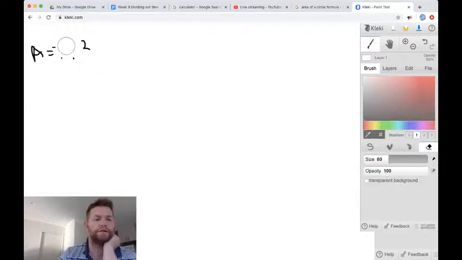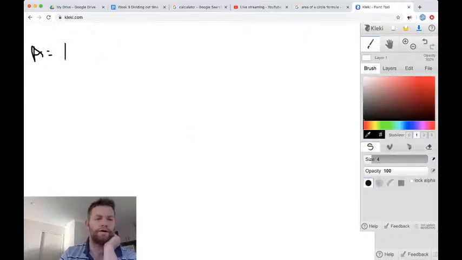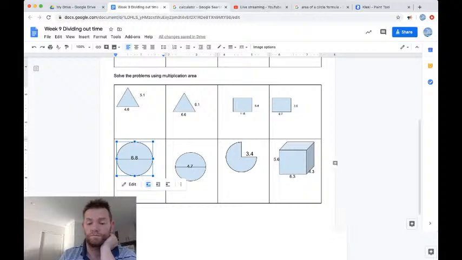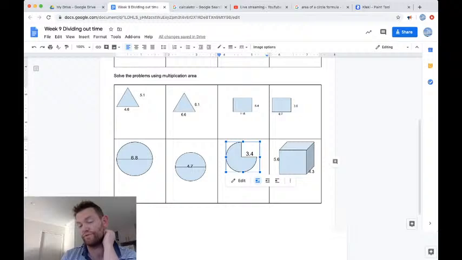I'm going to write it out nice. Pi times radius squared. So the radius was 3.4 because it's half 6.8. This one here, just to trick, that radius is already worked out.